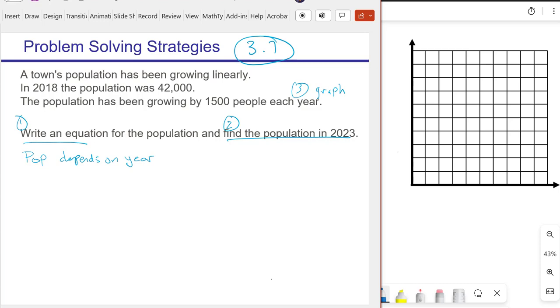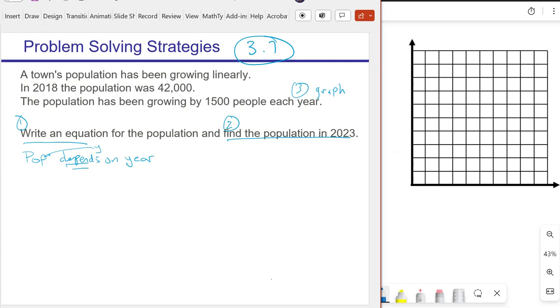So we have to know the year so we can figure out the population. Now this idea of depends is your y variable. So Y would be the population, X would be the year. Okay, so I had to think that out here.